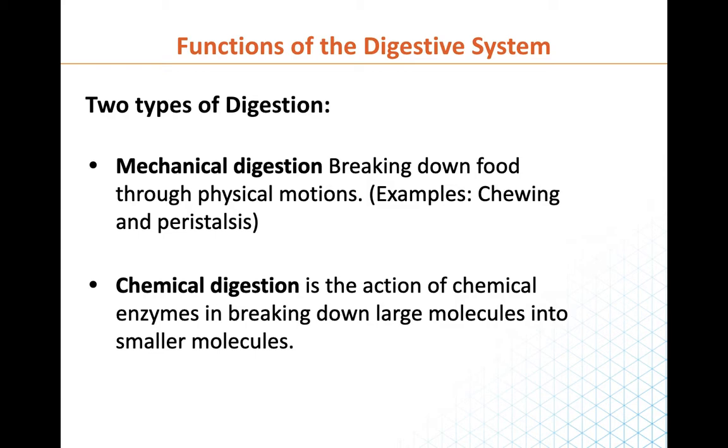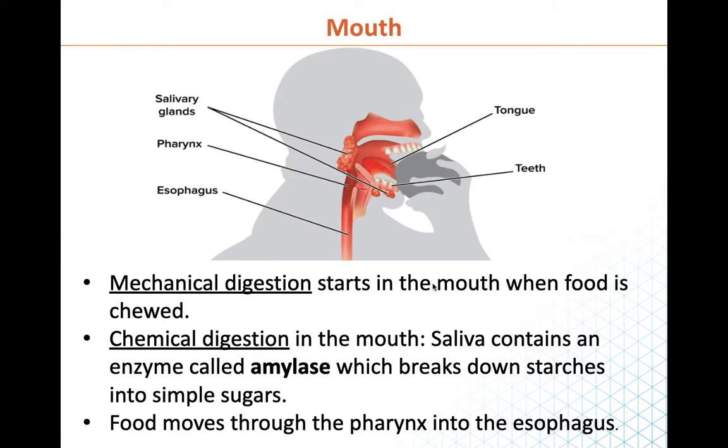And then once the food is broken down into the smaller molecules, they can be used by the body. But these two types of digestion work together to actually get food and make it useful in your body.